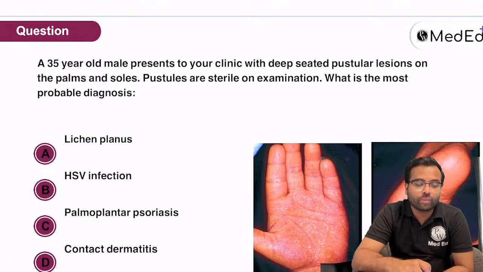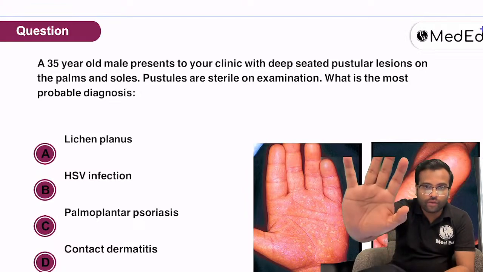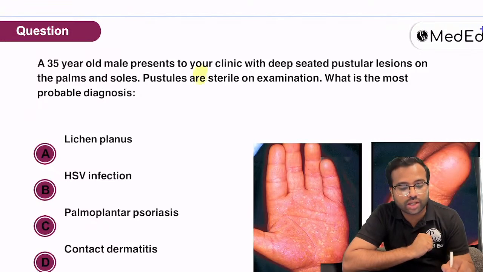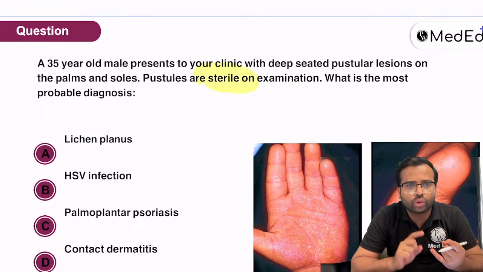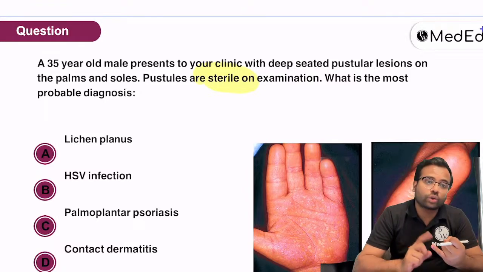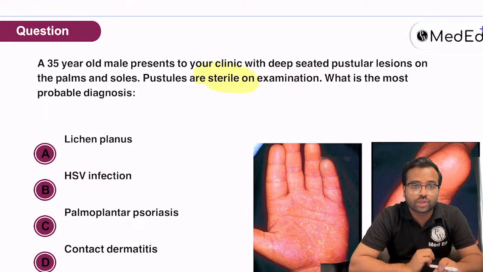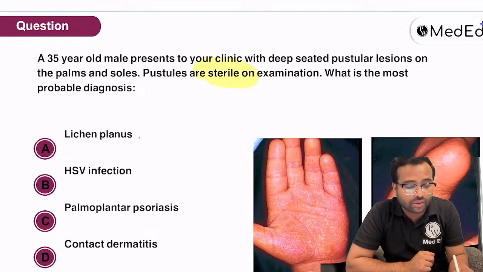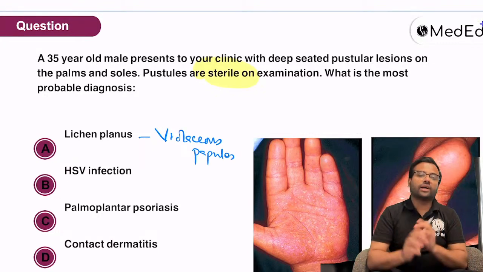A 35-year-old male presents with deep-seated pustular lesions over the palms and the soles. Very importantly, these pustules are sterile on examination, which means there is no growth of bacteria and no growth of fungus as well. Sterile pustules over the palms and soles. Is it lichen planus? Definitely not, because lichen planus usually presents with violaceous papules or plaques, violet or purple colored.